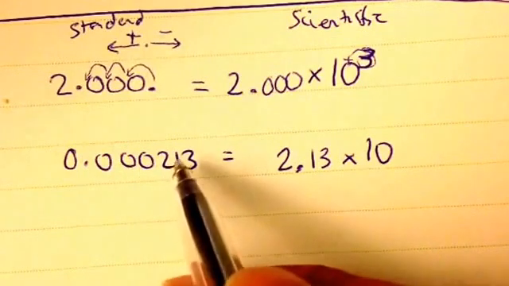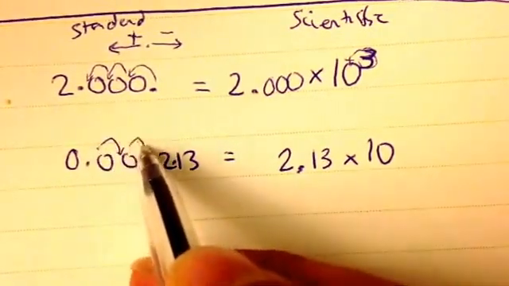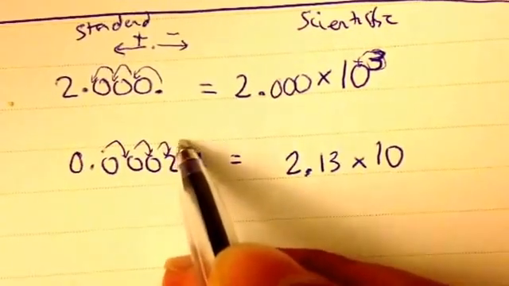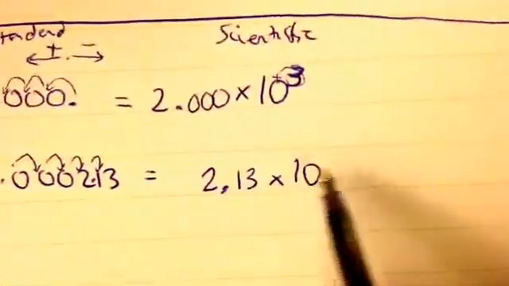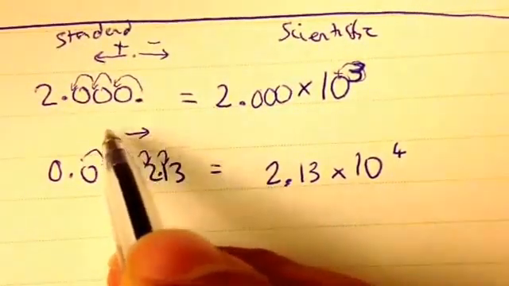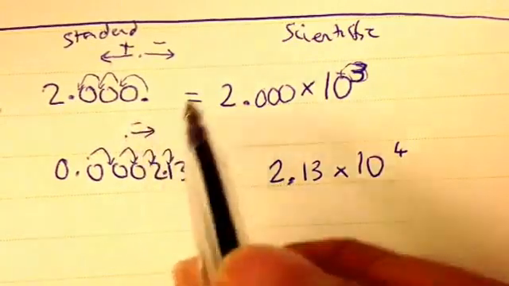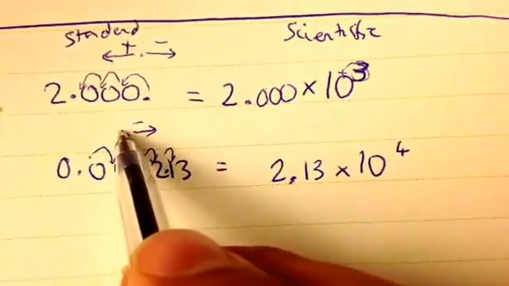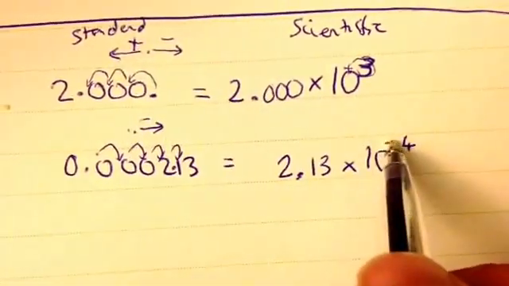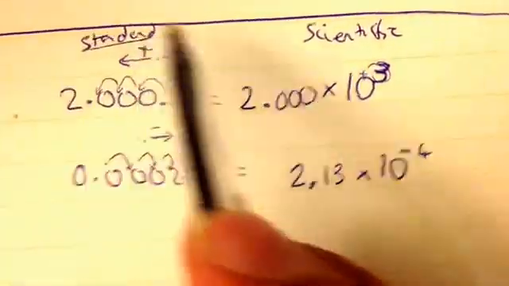Now, I've moved the dot to here. The dot started here, so it's moved 1, 2, 3, 4 places. So I'm going to put a 4 up here, and it's moved right. Remember, we're in opposite now, so right means minus. So we're going to put a minus. And now you've turned it from standard form into scientific.